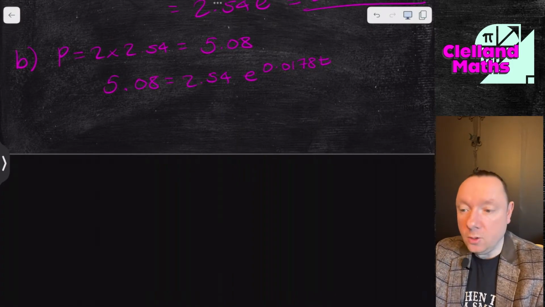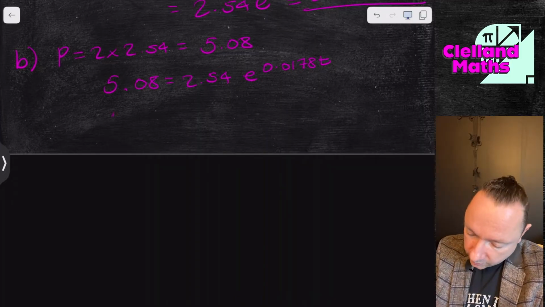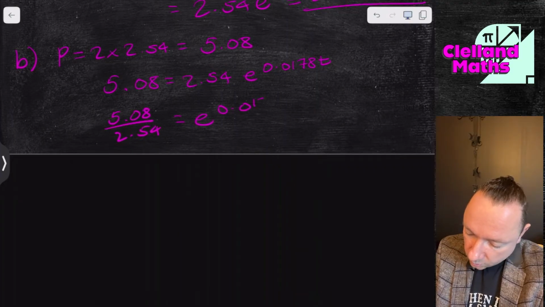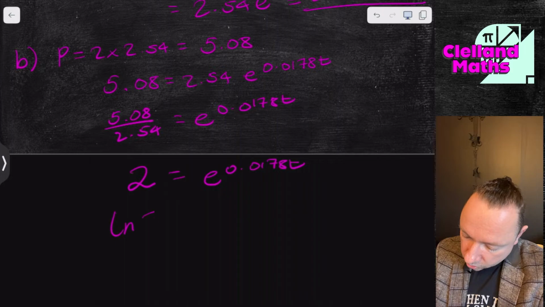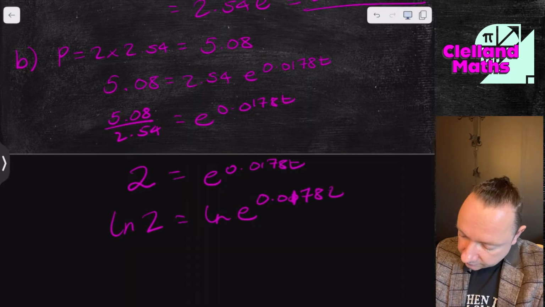So dividing by 2.54, we get 5.08 over 2.54 is e to the 0.0178t. That's 2. 2 equals e to the 0.0178t. Log 2 then is log of e to the 0.0178t.